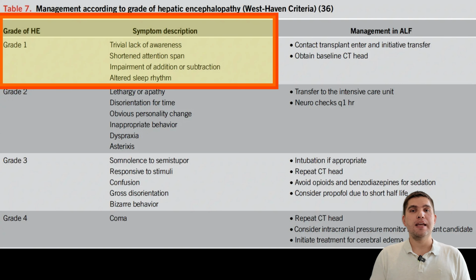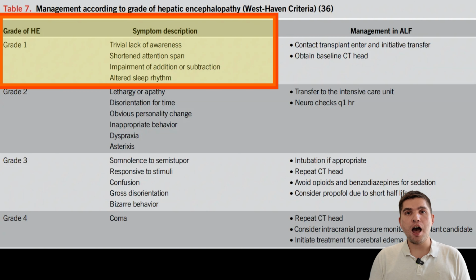For example, in adult humans, grade 1 or mild form of hepatic encephalopathy may involve the following clinical signs: mild lack of awareness, shortened attention span, difficulty with simple math, and altered sleep rhythms.